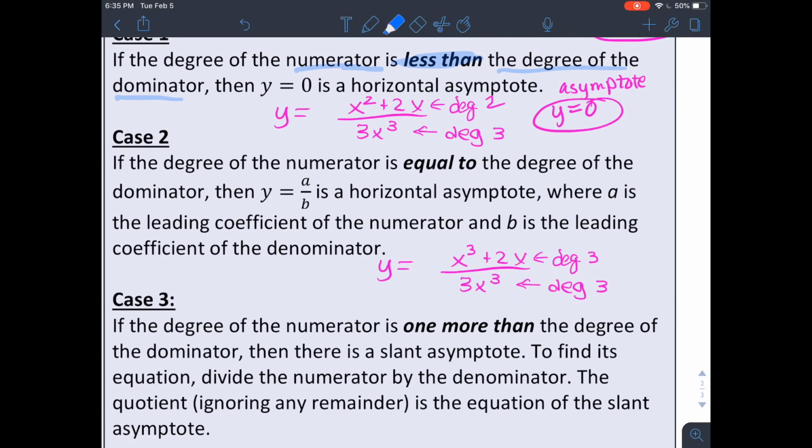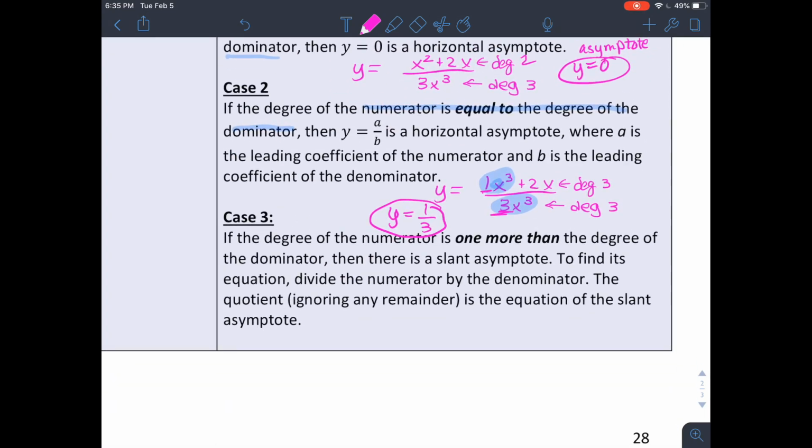You're still going to have a horizontal asymptote in that case, but it won't be y equals 0. It'll be what you get when you divide the leading coefficients on those two highest degree terms. So for your degree 3 terms, the coefficients are 1 and 3. If you divide them, that's the equation of your horizontal asymptote. So y equals 1/3 would be a horizontal asymptote of that function.